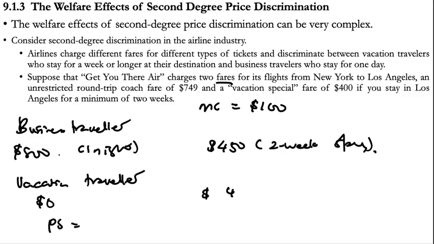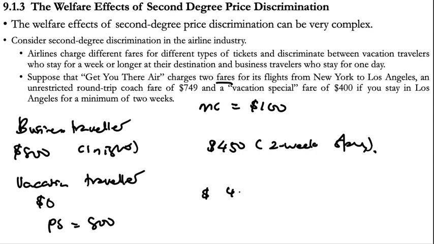Now look at the reservation price for staying less than 2 weeks. The reservation price is only available for the business traveler, which is 800, isn't it? But the vacation traveler is not willing to pay anything. So you take this reservation price of 800, and plus what?